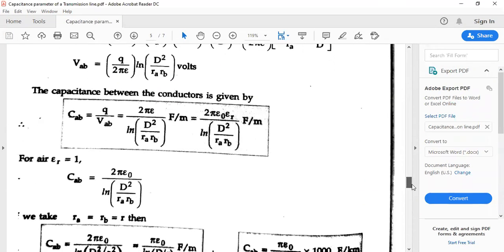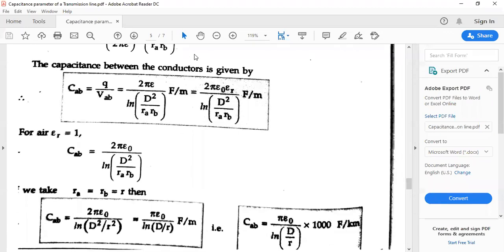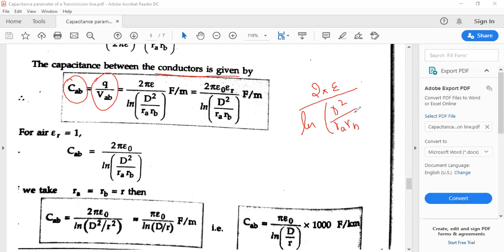Next, you can find the capacitance between the conductors. CAB equals Q divided by VAB, which is given as 2 pi epsilon divided by ln of D squared divided by RA into RB.